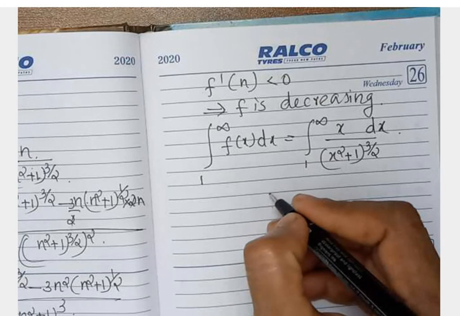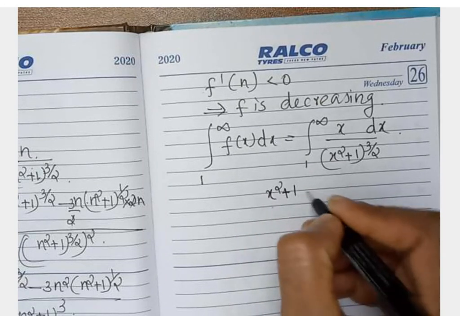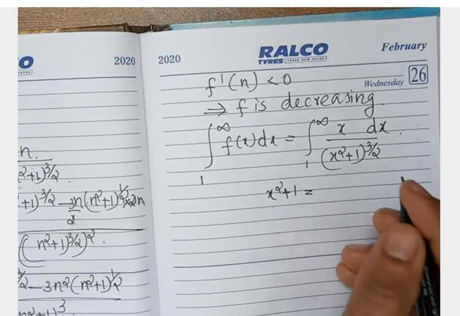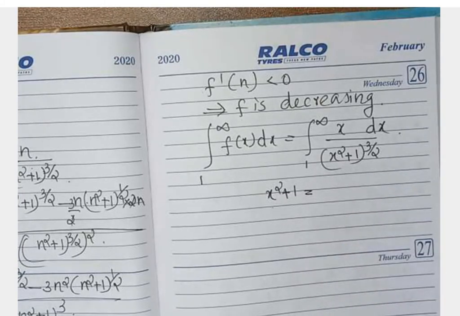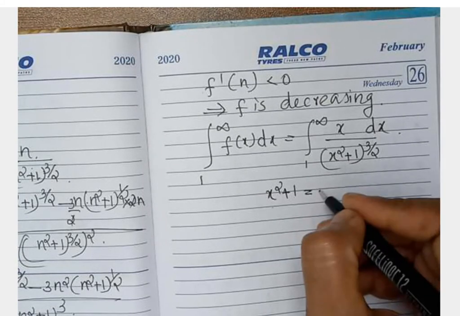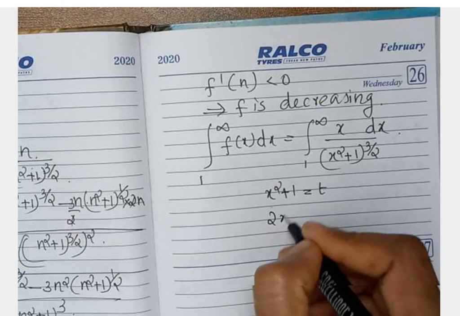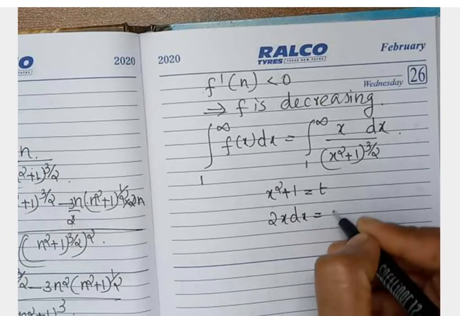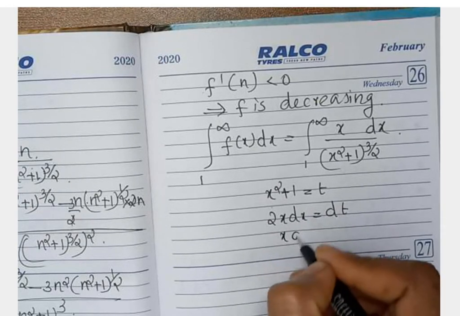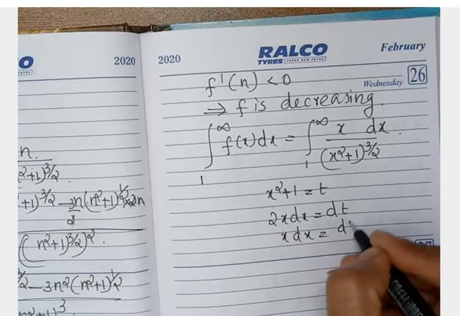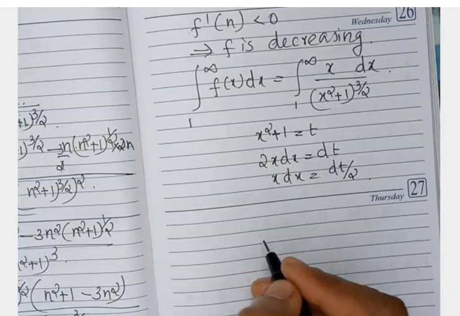Put x² + 1 equal to t. So 2x dx is equal to dt, so x dx is equal to dt by 2. So what will we get?